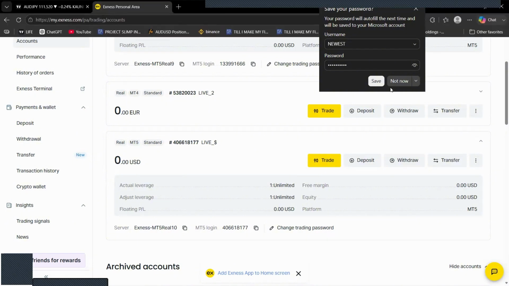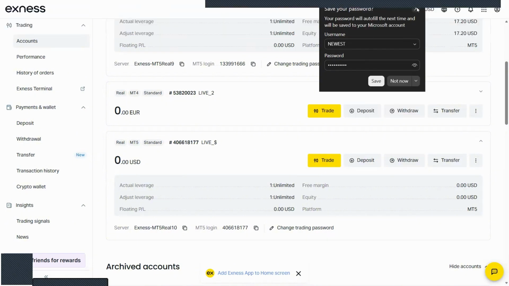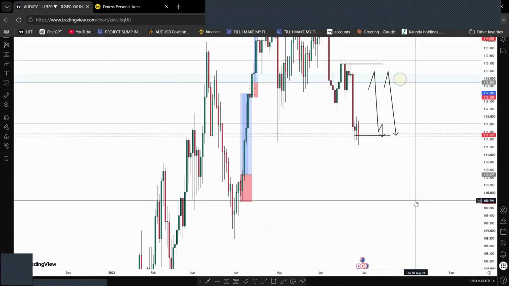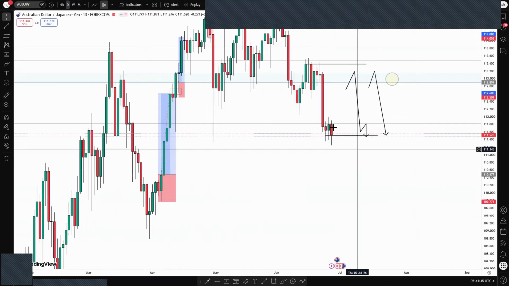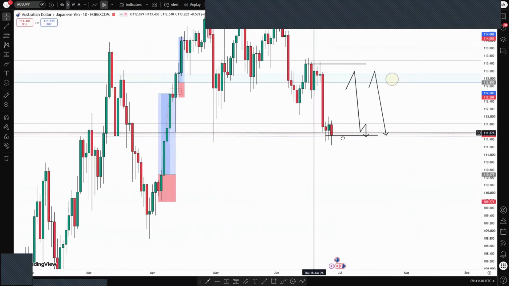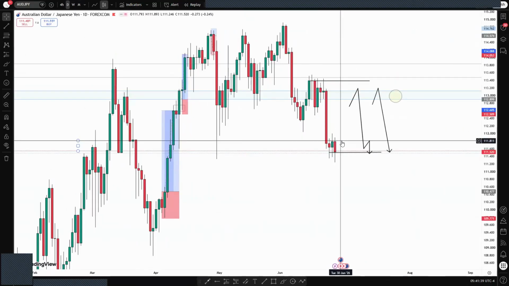I think we're trying to see how this is looking in other pairs, right? In other brokers, okay, let me just try one different.